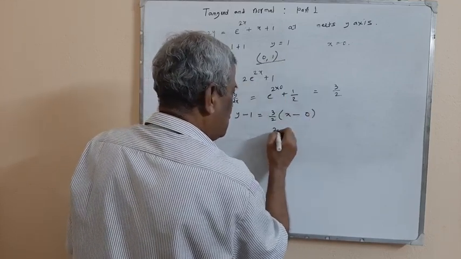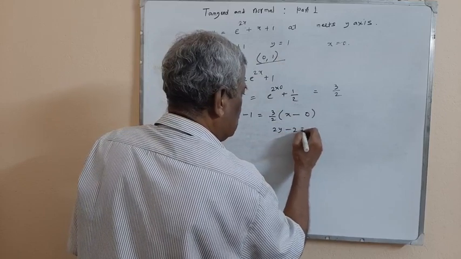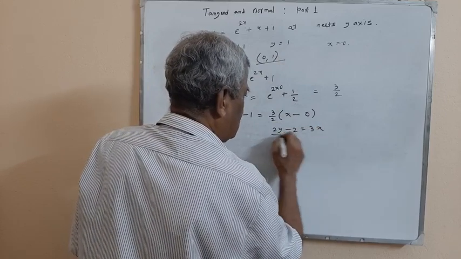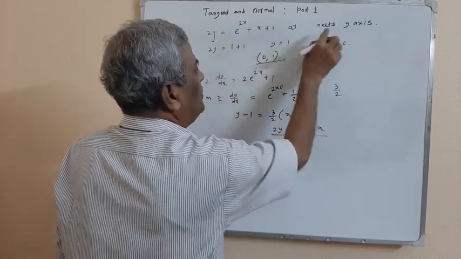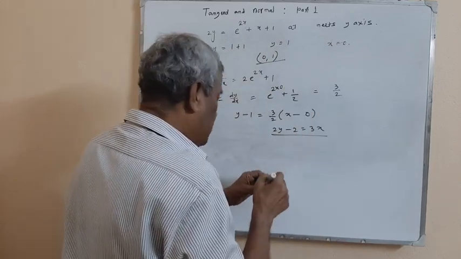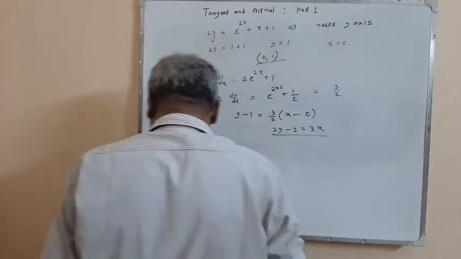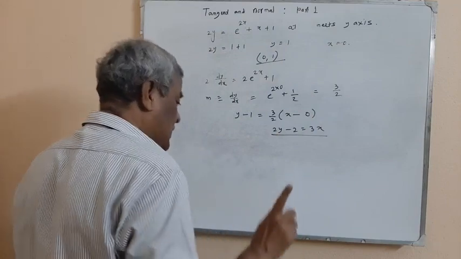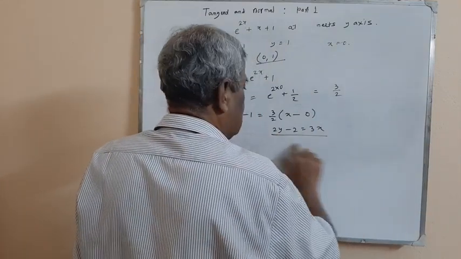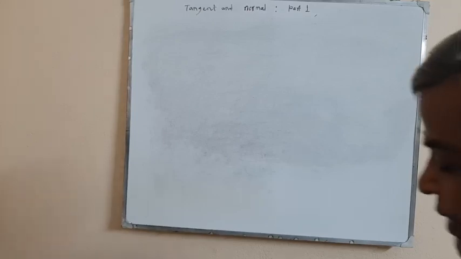That is 2y - 2 = 3x. This is the equation of the tangent of the curve at the point where it meets the y-axis. Options are not given, I have forgotten. This is the correct option. Next problem.